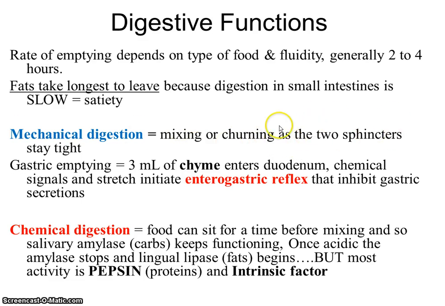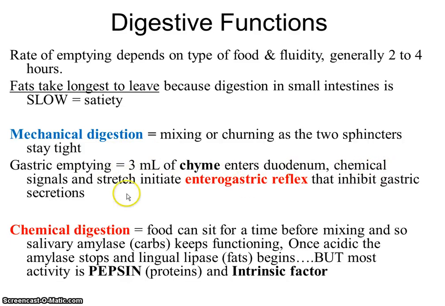Mechanical digestion in the stomach, a mixing or churning is what we see happening, and that liquefies. And so as the process begins in the stomach, the two sphincters, the gastroesophageal and the pyloric sphincter, tighten, and we just see repeated waves going back and forth that pummel the food into a semi-solid to a liquid. Gastric emptying, so moving it from the stomach to the small intestine, you see just a little bit of chyme entering the small intestine.